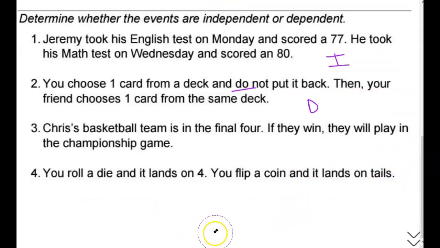All right, Chris's basketball team is in the Final Four. If they win, they will play in the championship game. Dependent, so they cannot be in the championship game unless they win. So the key words here were if they win. That's the condition.